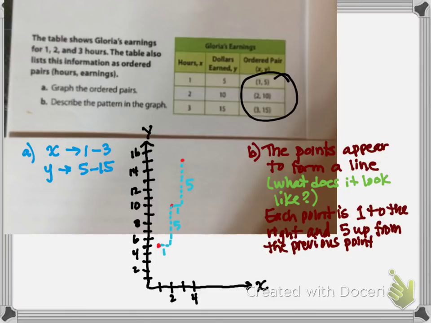And again, the question that we're answering is, what do the points do? Or what does one point do to get to the next point? So in other words, we could say for every hour she works, she earns $5.